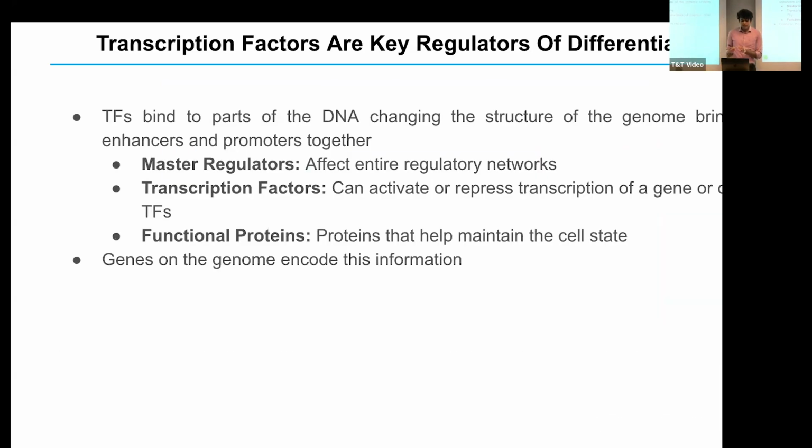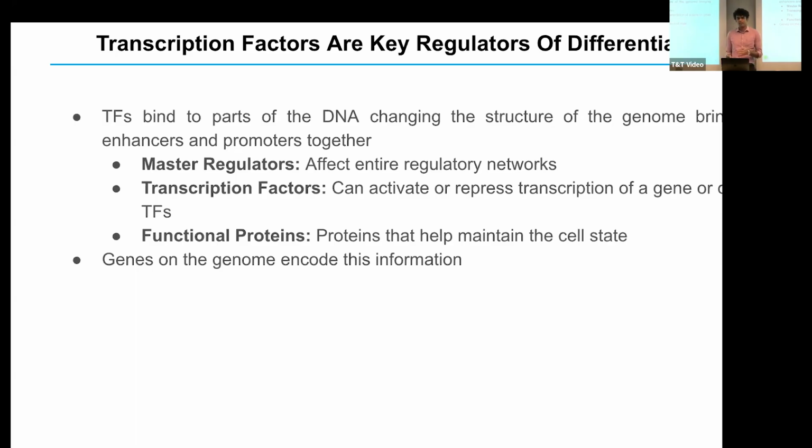How does the cell decide which direction to go at each of these decision points? This is mainly guided by certain proteins called transcription factors. These are proteins that bind to specific parts of the DNA and promote the transcription of a specific gene. And there are different categories of transcription factors.